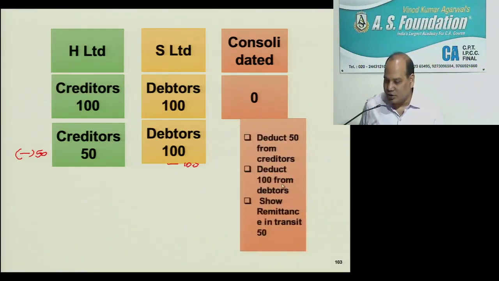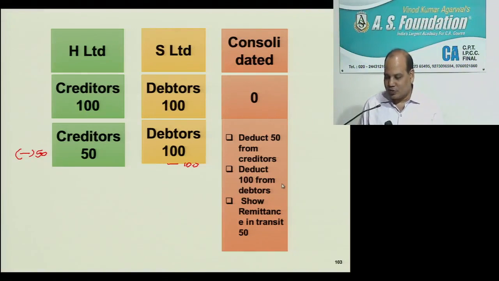That 50 rupees difference we will show as remittance in transit or goods in transit. So I will deduct from liability side 50, and the balance sheet liability side total will reduce by 50. I will deduct from asset side 100 and add back 50 remittance in transit on the asset side. So the net effect on both sides will be 50-50.